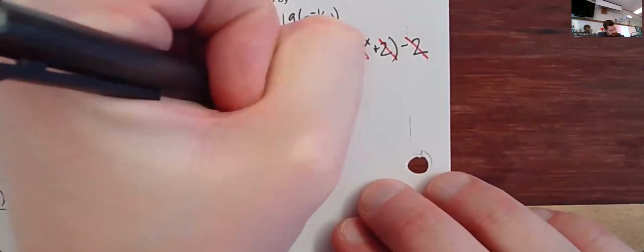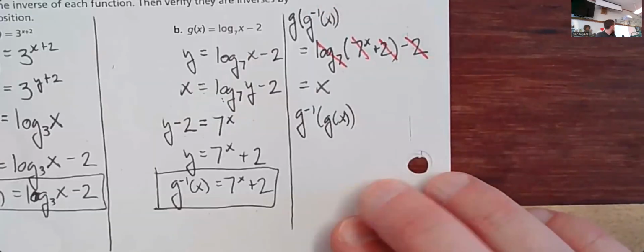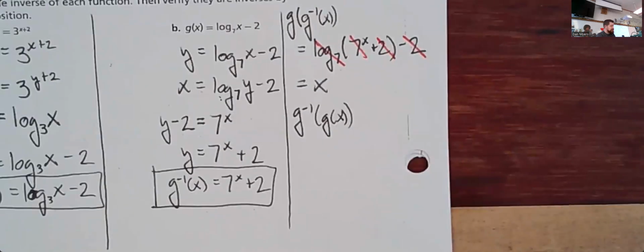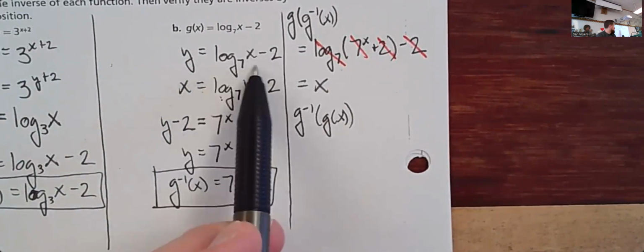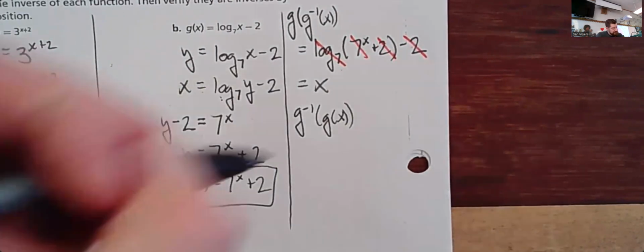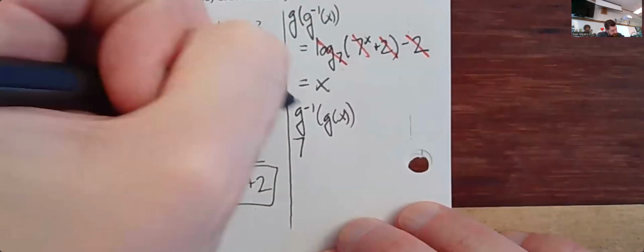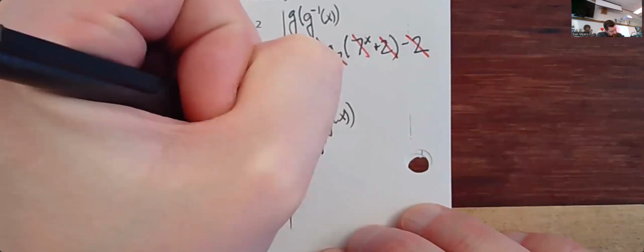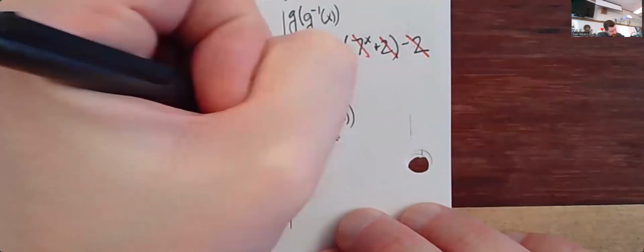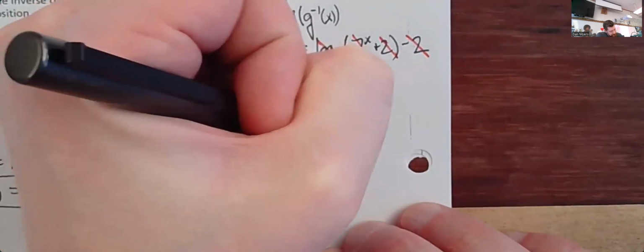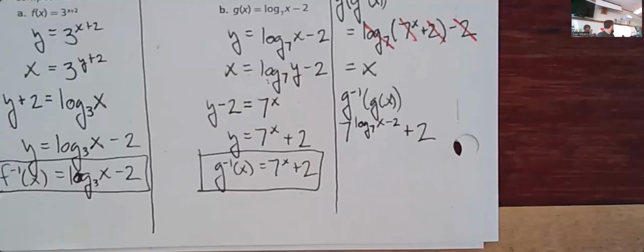All right, next, we're going to take the g inverse of g of x, which is going to be the inverse function, with x being replaced by the original function. So that's going to be 7 to the log base 7 of x minus 2, and then plus 2.